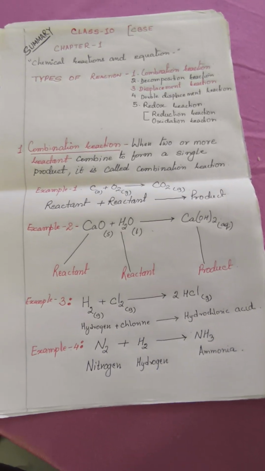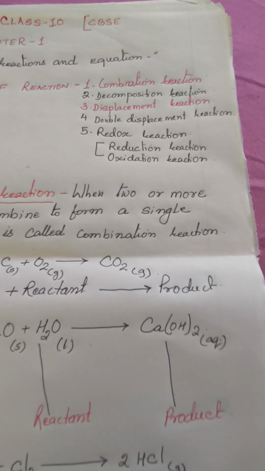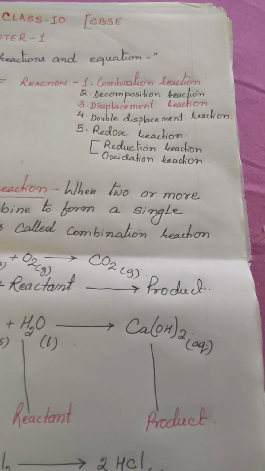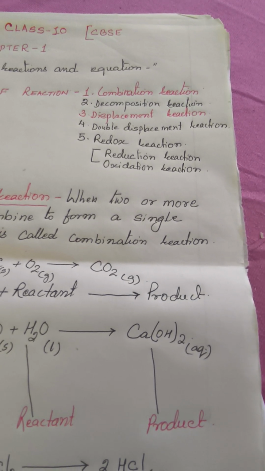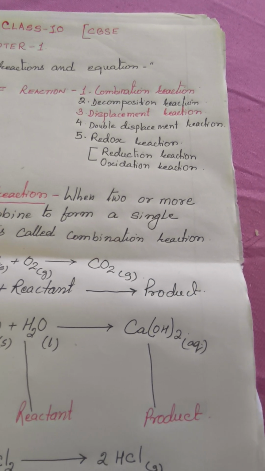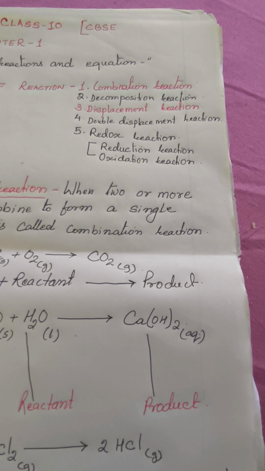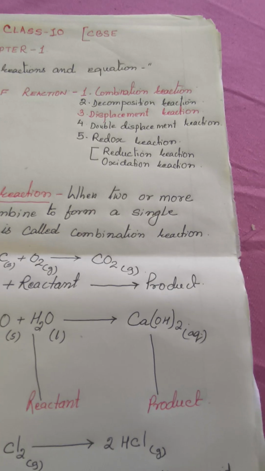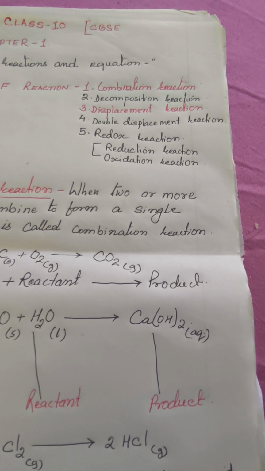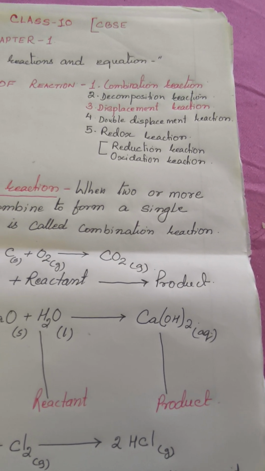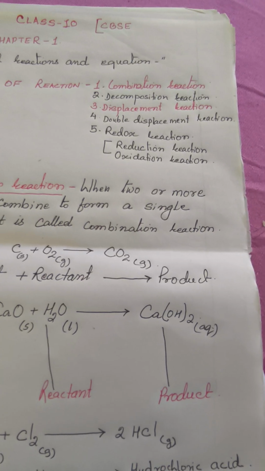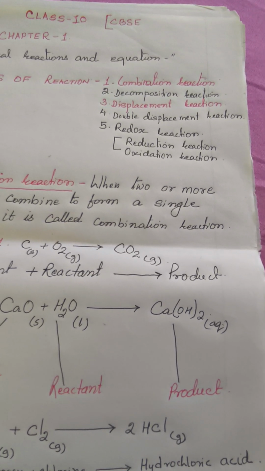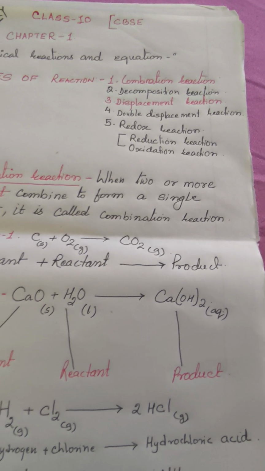There are actually 5 types of reactions: combination reaction, decomposition reaction, displacement reaction, double displacement reaction, and redox reaction. Redox reaction is the combination of reduction reaction and oxidation reaction. I am going to tell you all these in detail.